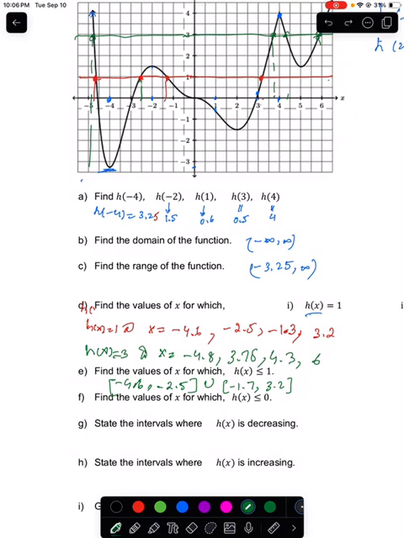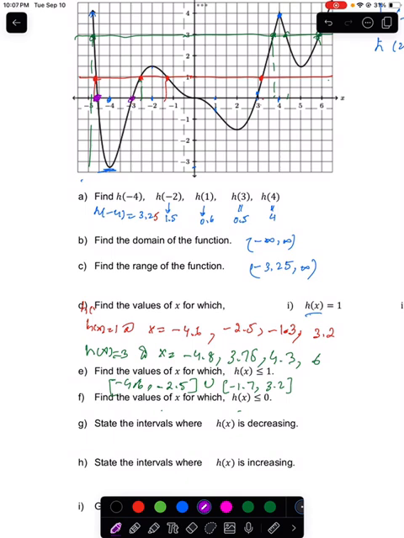Now we can do the same thing for 0 or any number. So for the values of x for which h of x is less than or equal to 0. Less than or equal to 0 means basically the function is negative, so it will be below the x-axis. On the x-axis, just mark the points where the function is crossing the x-axis. So these are the points.